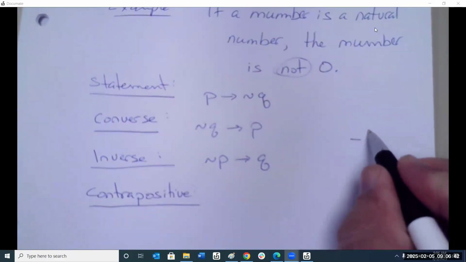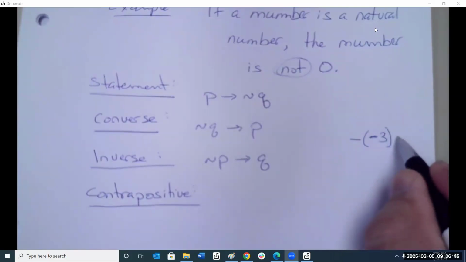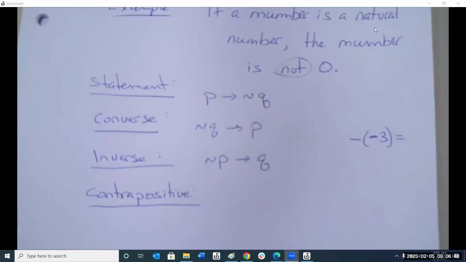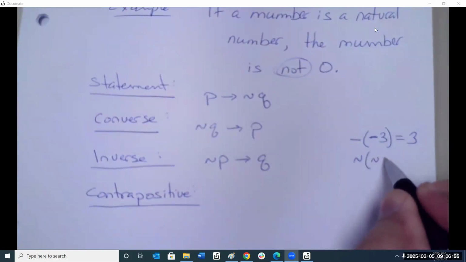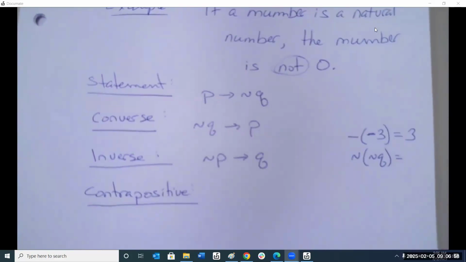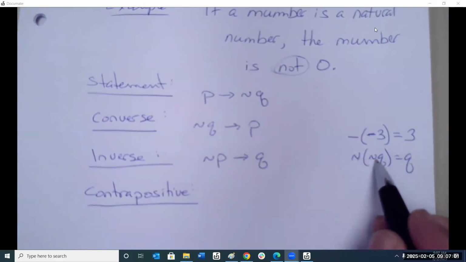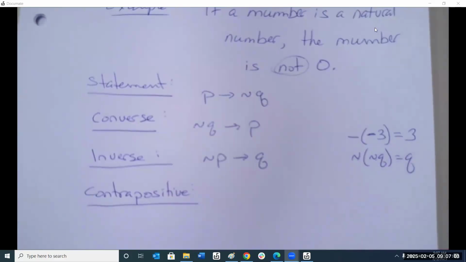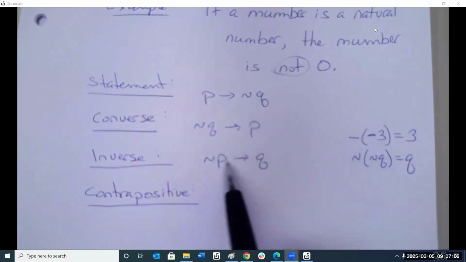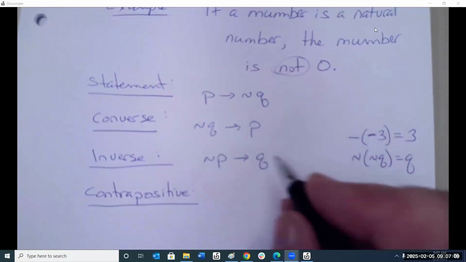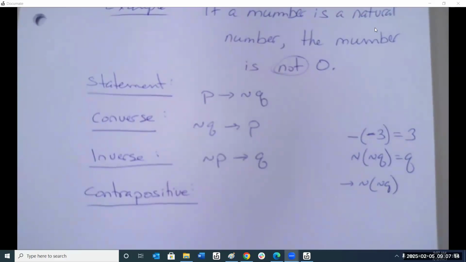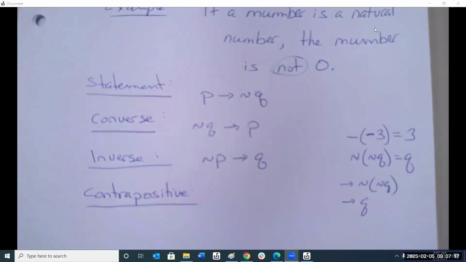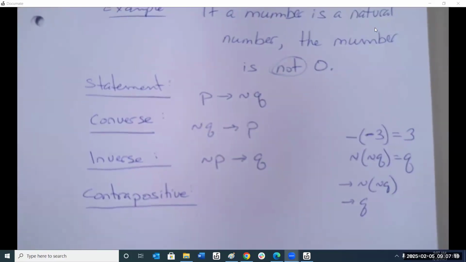In mathematics, if you have two negatives next to each other, what does that equal? What happens to those negatives? They cancel, we get a positive. Same thing with logic. The two negatives cancel. So if not P, then not Q, which is Q. And the contrapositive?